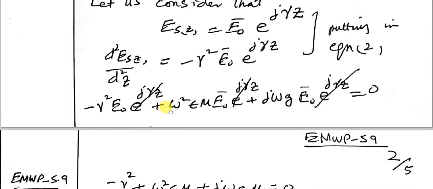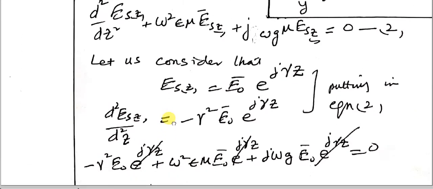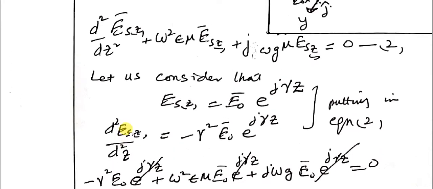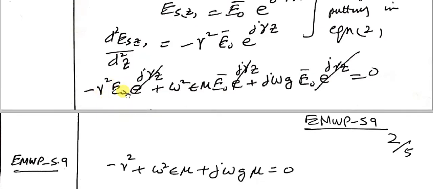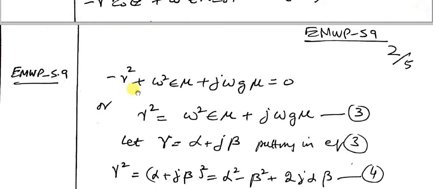Putting this result of the second order differential back into equation 2, we get minus gamma square E naught e to the power minus j gamma z, and you can see the e to the power minus j gamma z is common in all these terms and cancels out, and we are left with minus gamma square plus omega square epsilon mu plus j omega sigma mu, which is equal to 0.